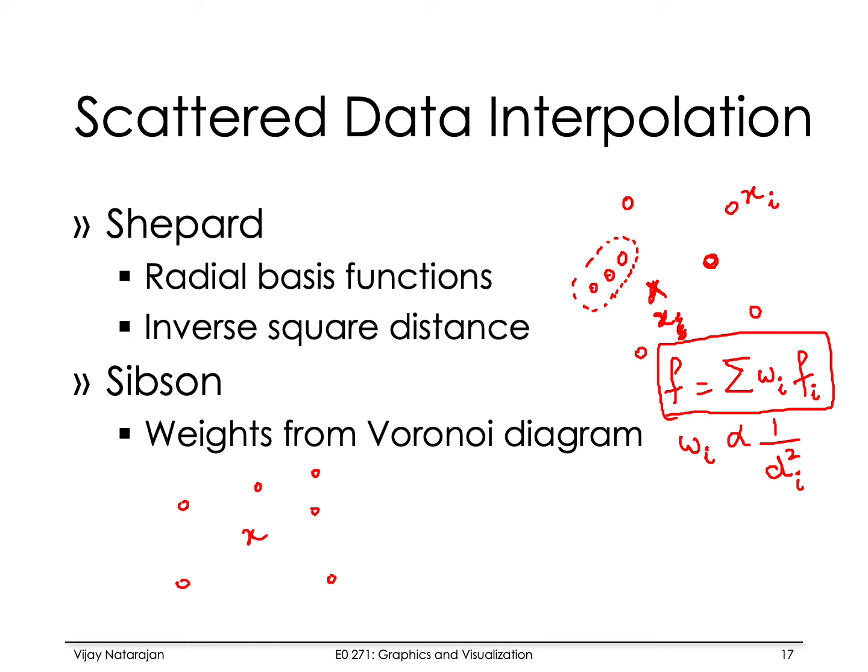The Voronoi diagram is a decomposition of the plane into regions such that every sample point gets a region corresponding to it. The region associated with this sample point is the set of all points on the plane which are closer to this one point as compared to the others. So that is the definition.